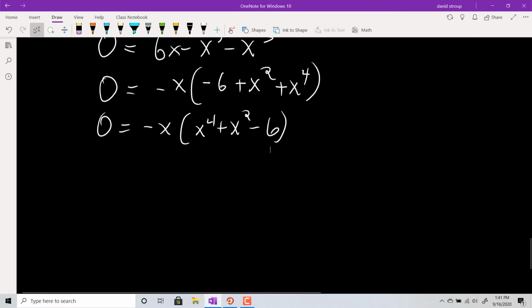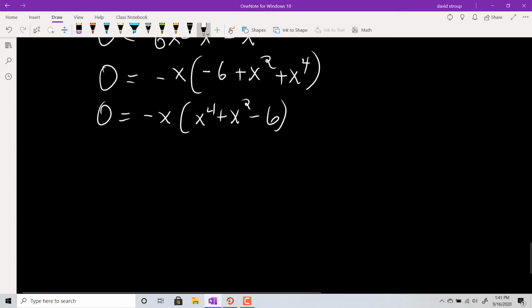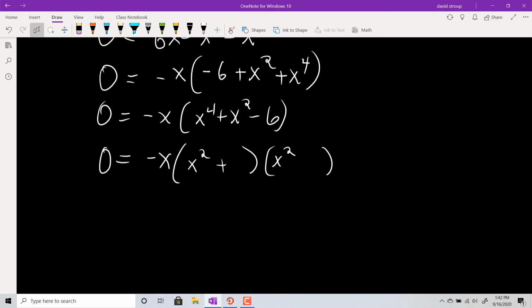So I can factor it, and that has a quadratic form, like ax squared plus bx plus c. So I'll have x squared plus something times x squared minus something. I just have to figure out the somethings. It looks like 3 and 2 with the bigger number positive.